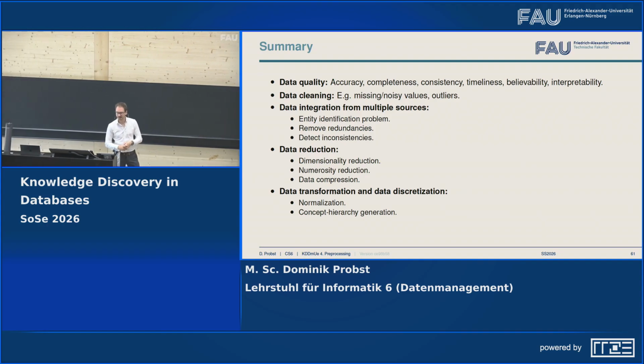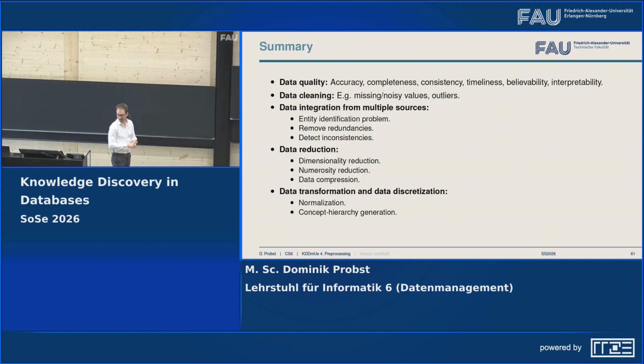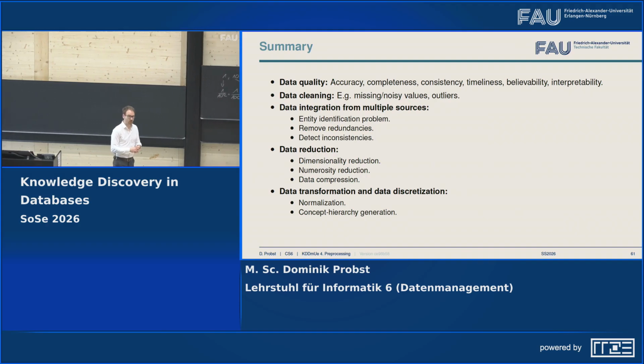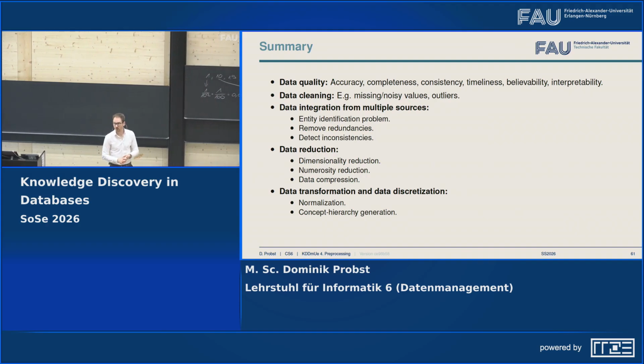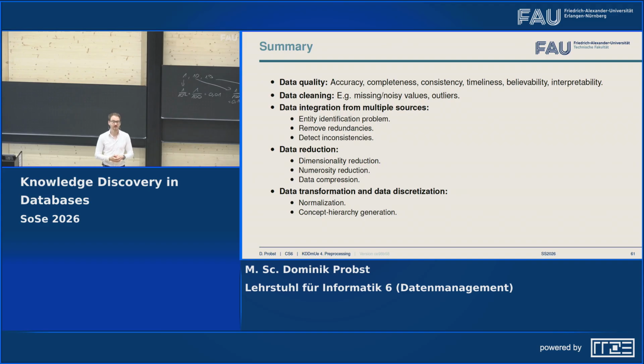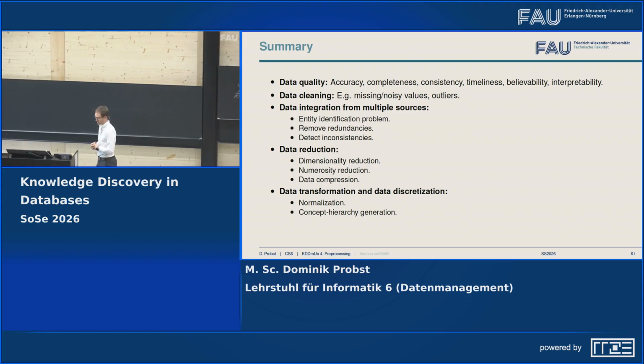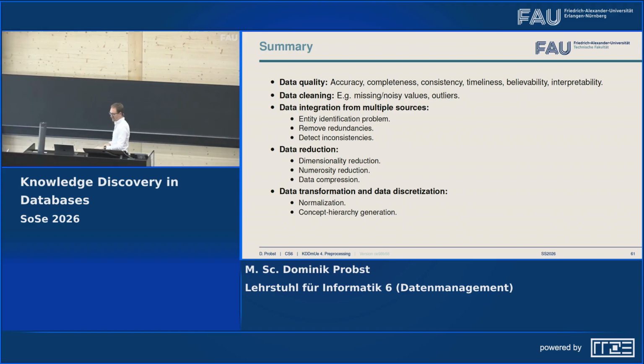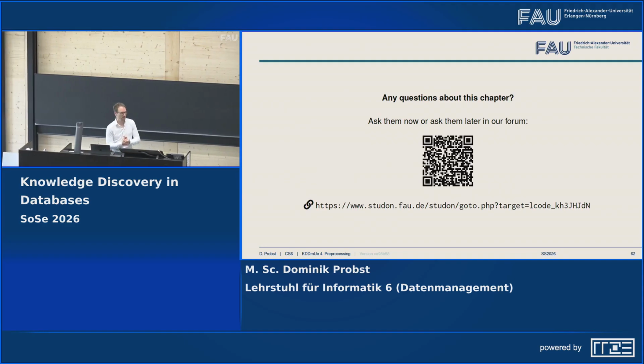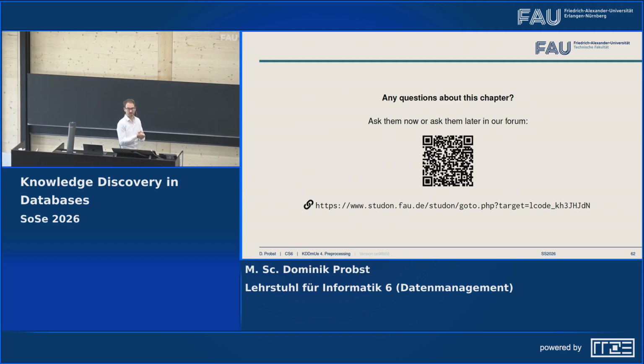And then lastly, we talked about data transformation and data discretization with normalization, very important, and also discretization by different methods, for example, binning, but also concept hierarchy generation. Are there any questions regarding the chapter of preprocessing?